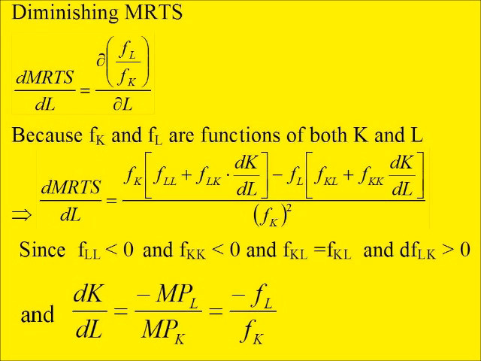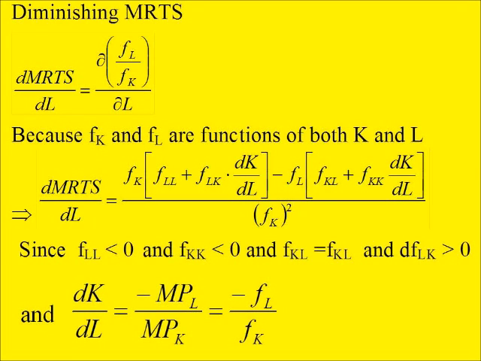Now, for the second part of the numerator of the quotient rule, I have f_L times the derivative of f_K with respect to L, and of course f_K will be affected by L both directly and indirectly. So we get f_KL plus f_KK times dK/dL.